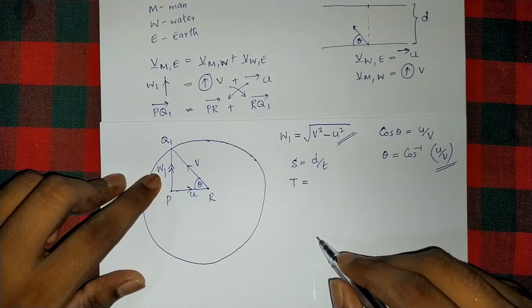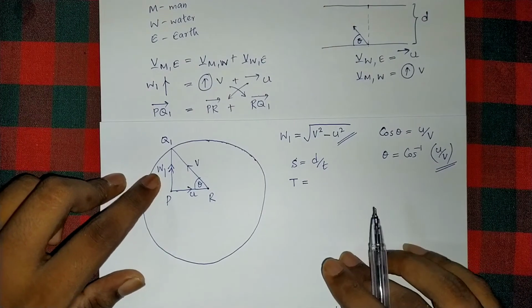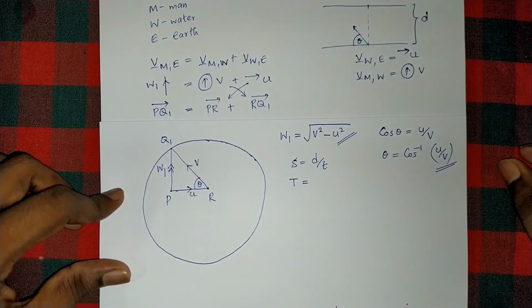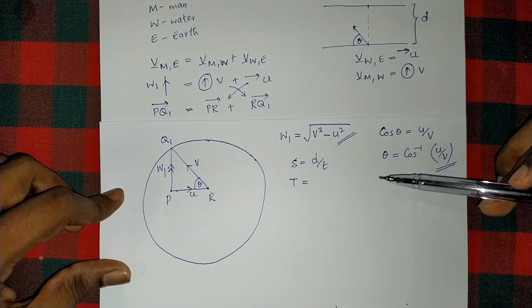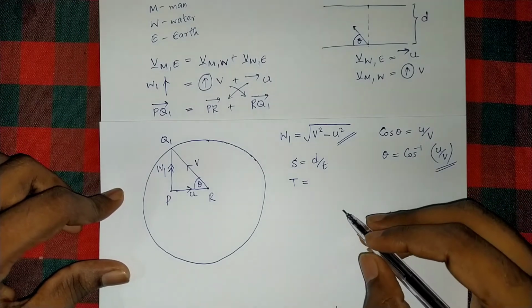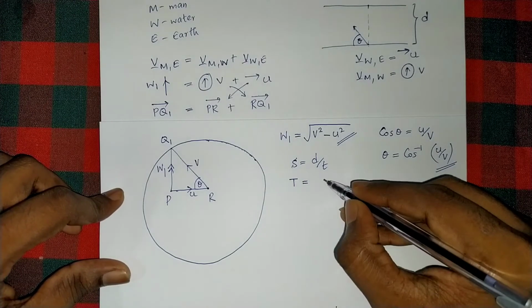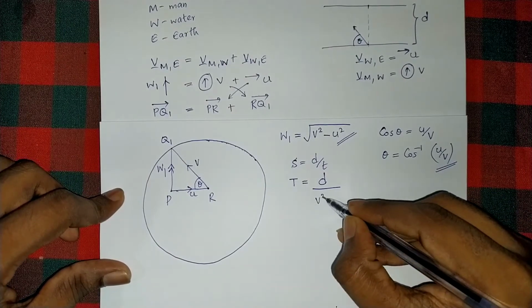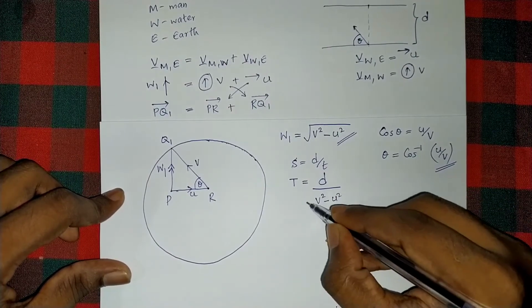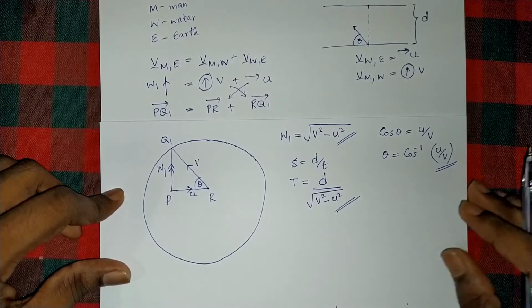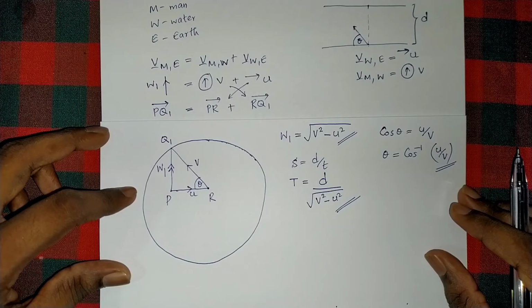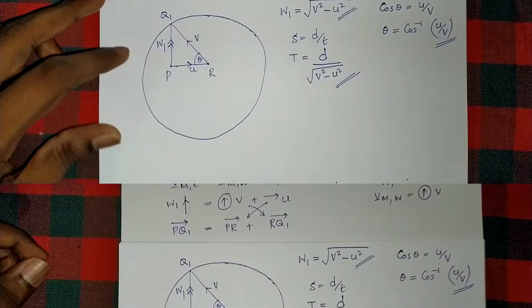I know the velocity W1, it is vertical. So the vertical distance moved is the breadth of the river, that is D. So T is D over W1, the square root of V squared minus U squared. So this is the answer for the first part of that question.